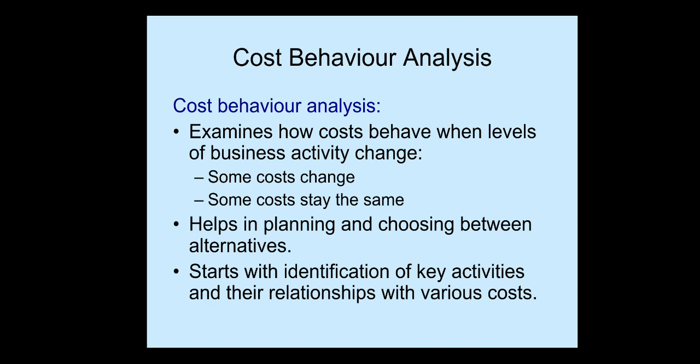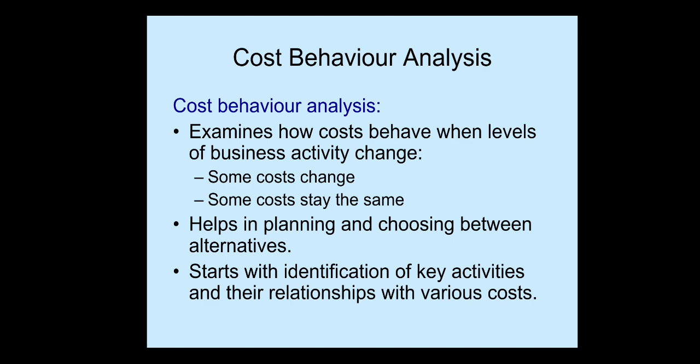So when there is a change in the production, in the quantity of production or in the process of production, some costs will change, some costs will not change or stay the same. Okay, point number 3. Knowledge about cost behavior helps in planning and choosing between alternatives.